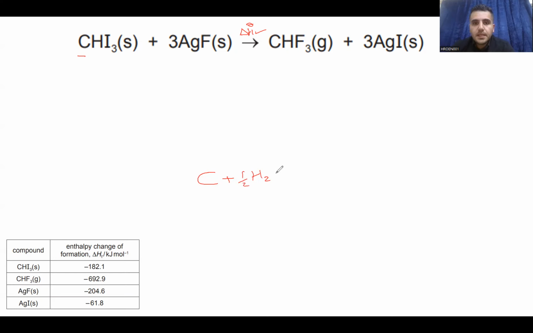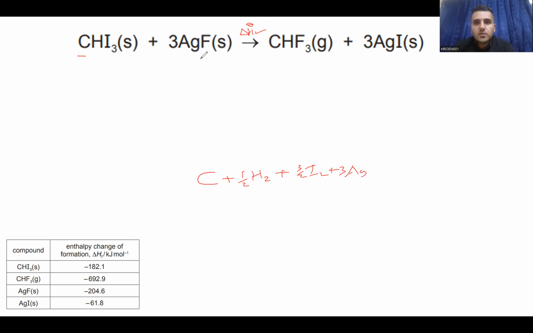Okay. Then we move to iodine. Iodine is also diatomic, so we have 3/2 I2. So here we have 3 iodine atoms, plus we have 3 Ag. Ag is monoatomic, it's a metal.